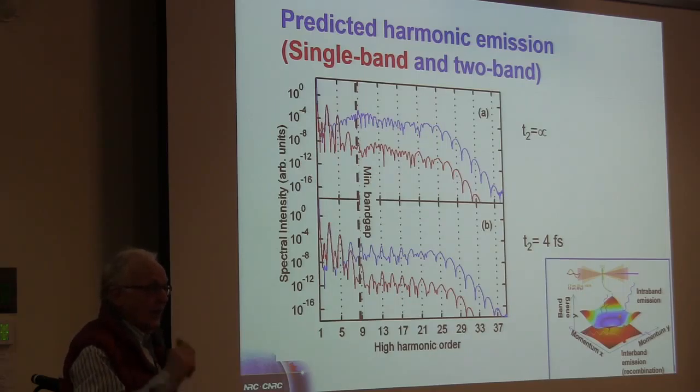You can read in that, or at least at this point, I will encourage you to read it, and I'll show you in a minute that it's really true. But this is a recombination-like process coming back again. And here are the results from the one-band contribution. Both, of course, create high harmonics, but they create them at different magnitudes. You may say that doesn't look like so much, but you have to notice that that's 4 orders of magnitude up to the side. So the differences are about 4 orders of magnitude.